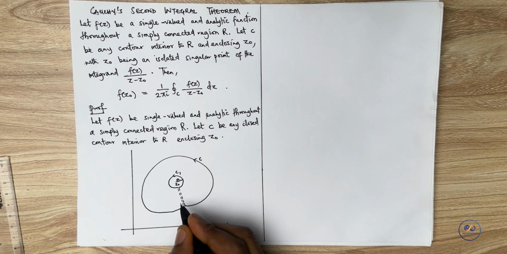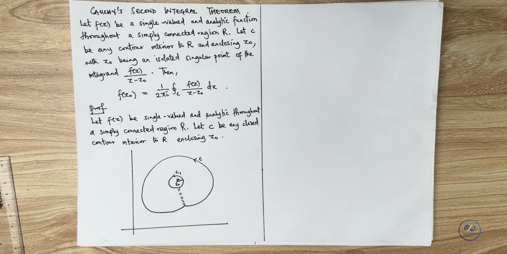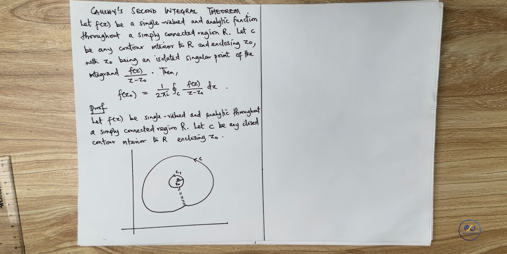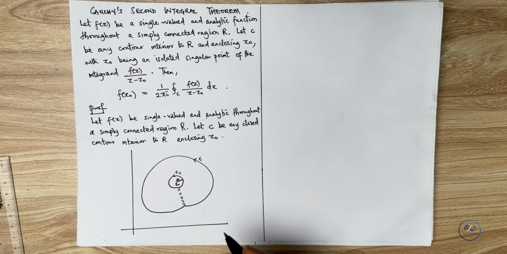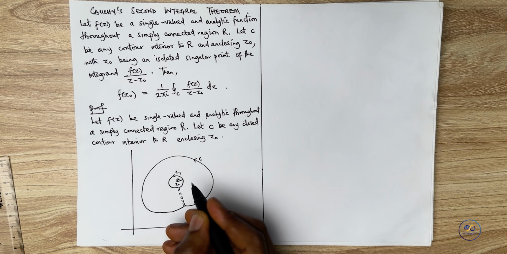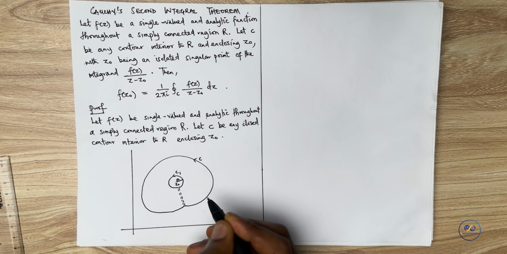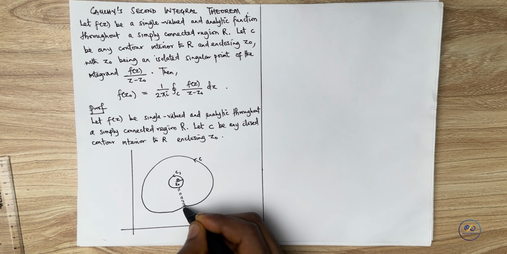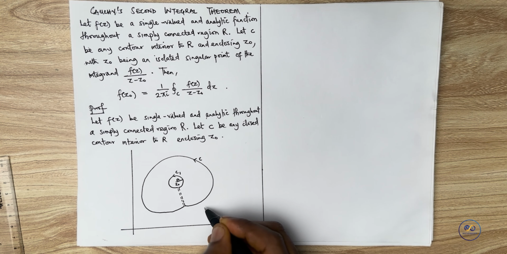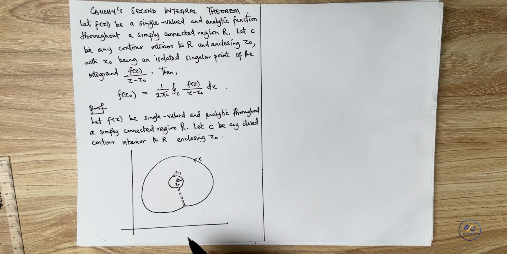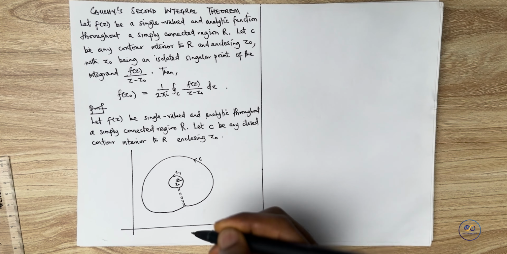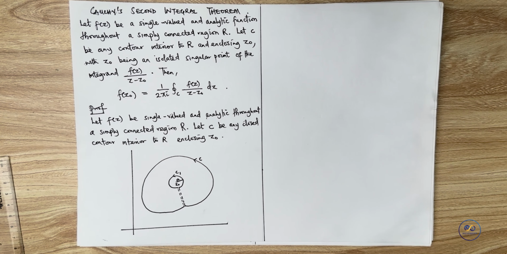Of course, the cross-cut will be so small that it will not even be this visible, but we need it to be at least this visible so that you can see what's going on. But what you will notice is that by this cross-cut, you have now created a simply connected region, because you now have a curve that starts from one point and moves back to that point without any breakages, because you have connected the inner and the outer regions together with this cross-cut of infinitesimal width.